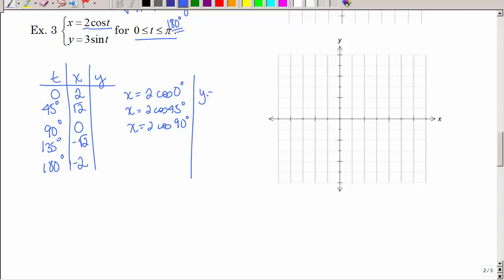Now what about y? y equals 3 times the sine of 0 degrees. The sine of 0 is 0. And then for 45 degrees, remember, the sine is square root of 2 over 2, so this is 3 square root of 2 over 2.